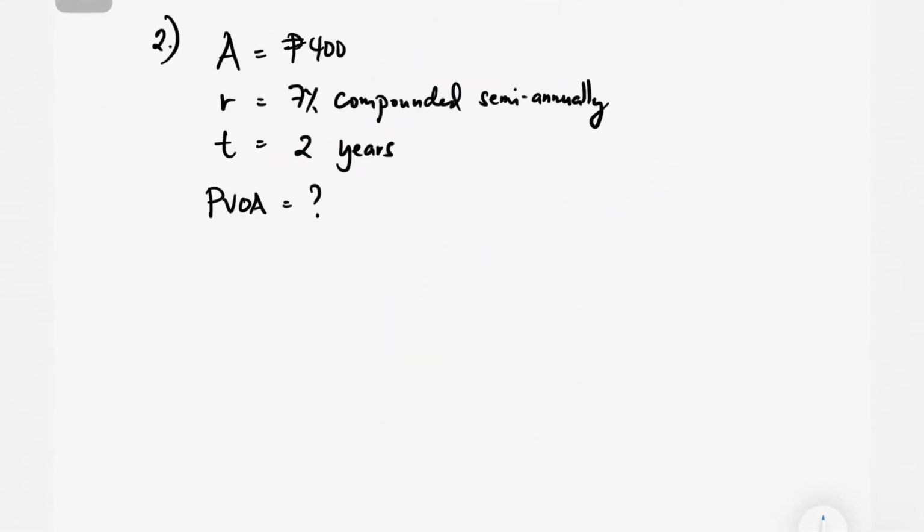Let's try this one. You are given an annuity of 400. The rate is 7% compounded semi-annually, and then time is 2 years. And then you are tasked to compute the present value ordinary annuity. So first, I'll do the timeline. Then the payment will happen every 6 months.